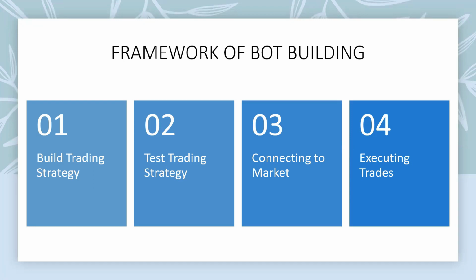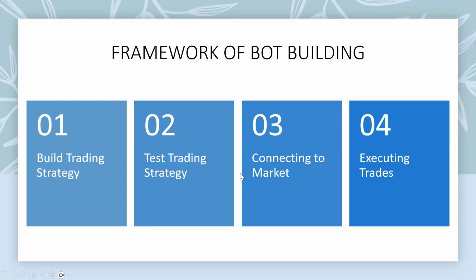So following my framework, I will have to explain this strategy to Google Bard, and I will ask it to confirm whether it understood the strategy. If it does, then I will ask it to give me code so that I can test this strategy over a historical period of time. Once I test the strategy and see that I am getting some good results, the next thing is, of course, to connect to the market.